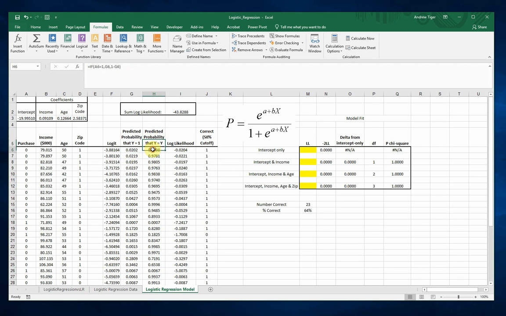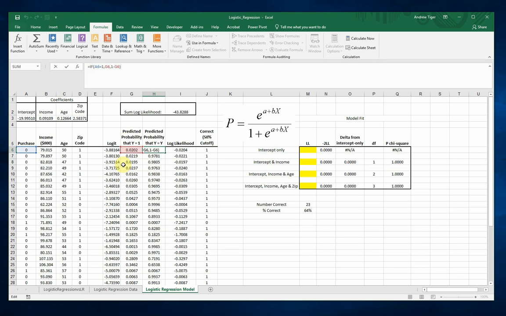Then this next column is the probability of this occurring. So this is the probability that this is equal to 1, but if I'm trying to figure out the probability that the model got it right, in this case the purchase was a 0, so rather than this one, I want 1 minus that. So the probability that the model says they are not going to buy a house, which is 0, is this value.